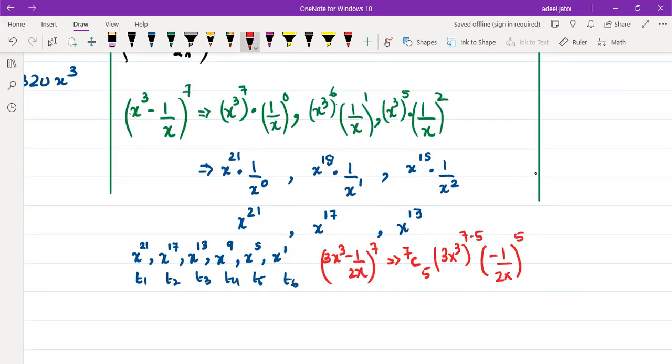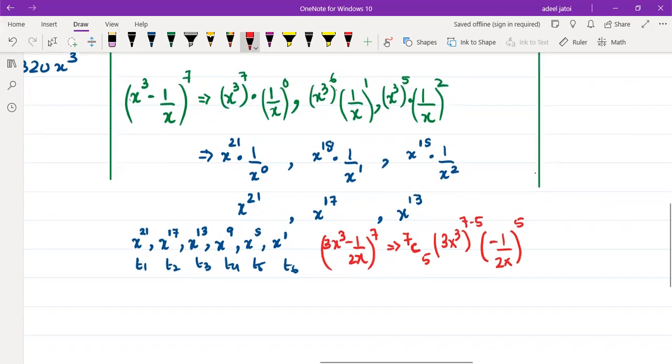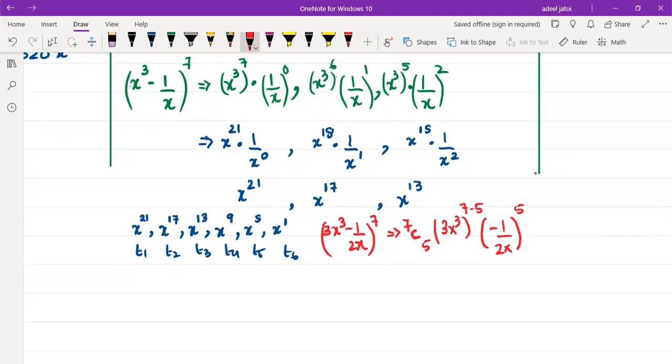And when we particularly open this, that is 3x cube minus 1 upon 2x to the power 7, which is open as 7C5, 3x cube to the power 7 minus 5, minus 1 upon 2x to the power 5. The answer for this should be 21. This should be 9x to the power 6.